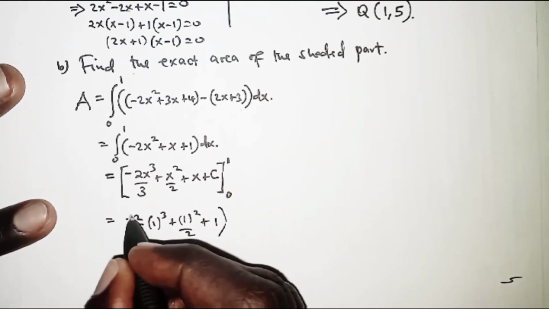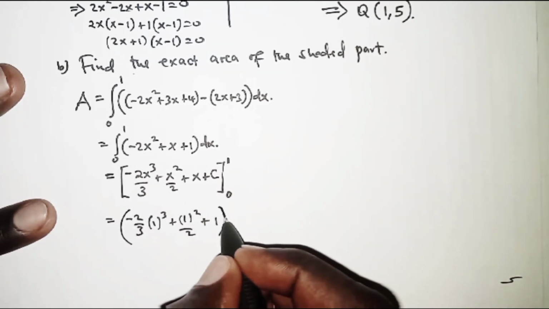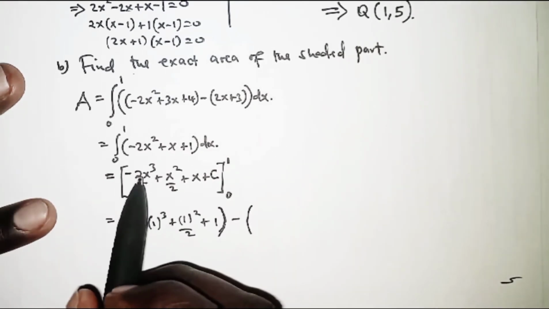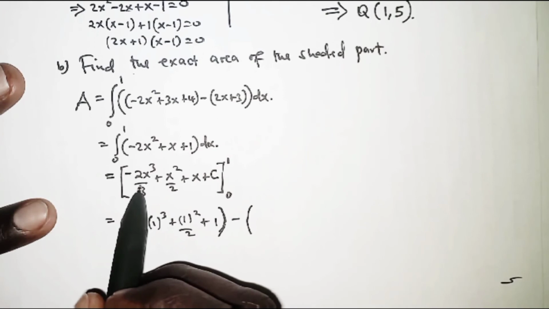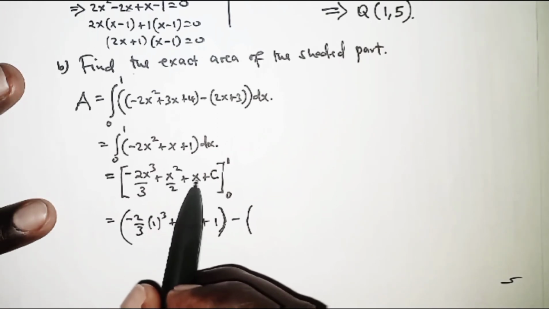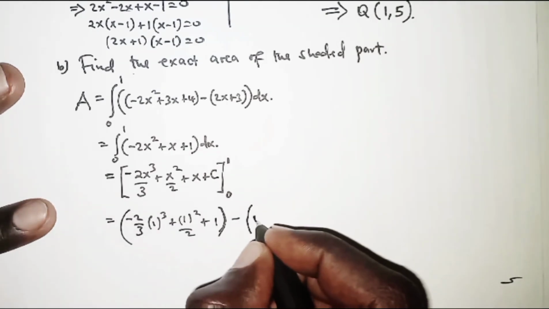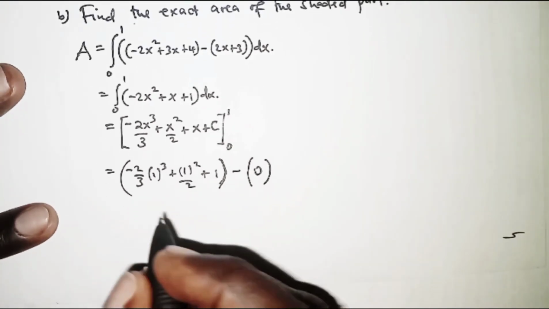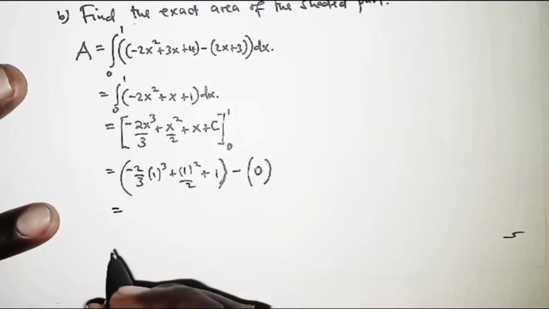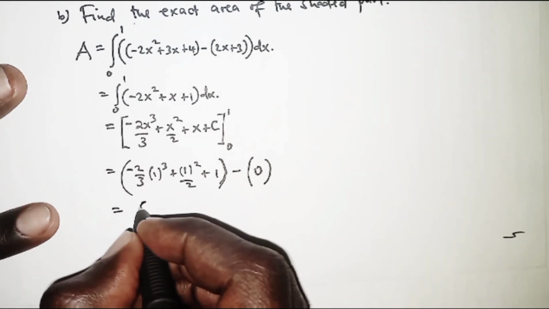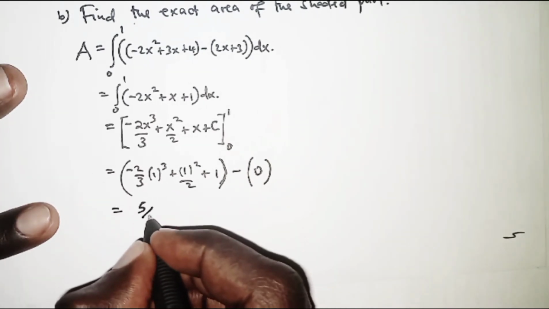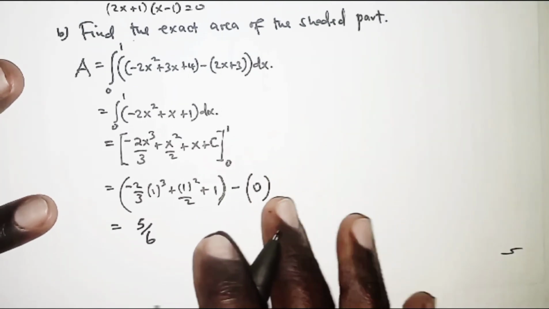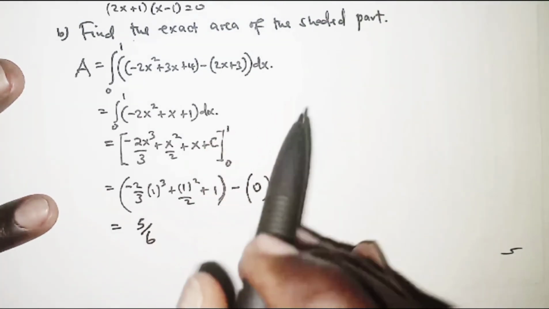I don't want to include c because in the end it will still disappear, minus 0 substituted here makes this 0, so the next bracket will be 0. Upon calculation, we'll realize that this gives us 5 over 6. So that is the exact area of the shaded part.